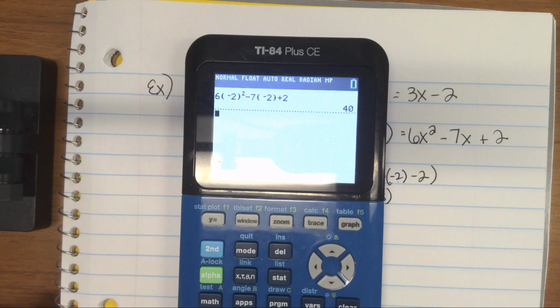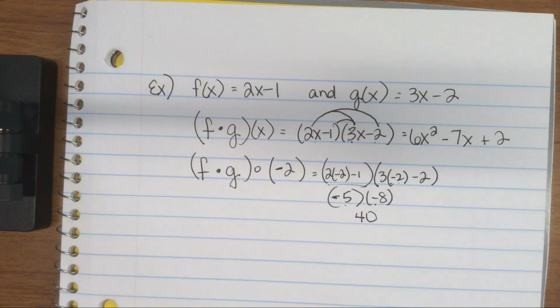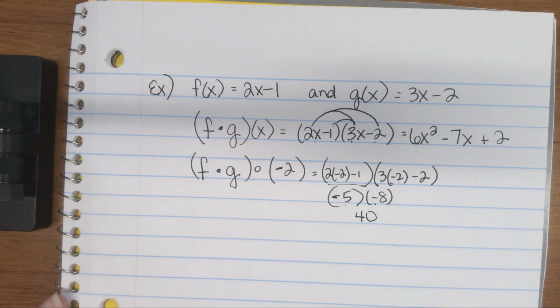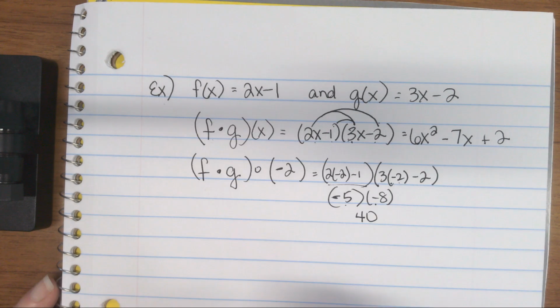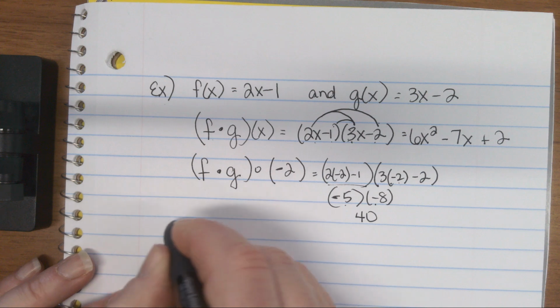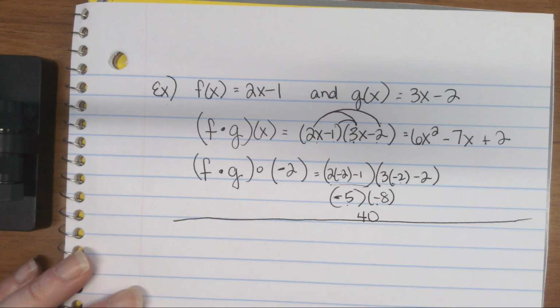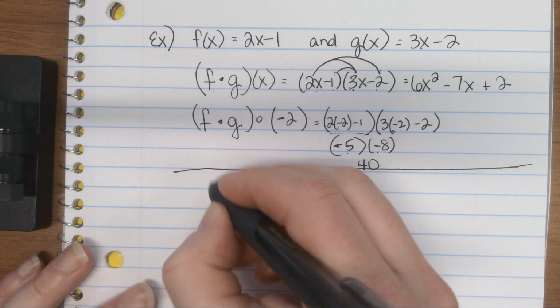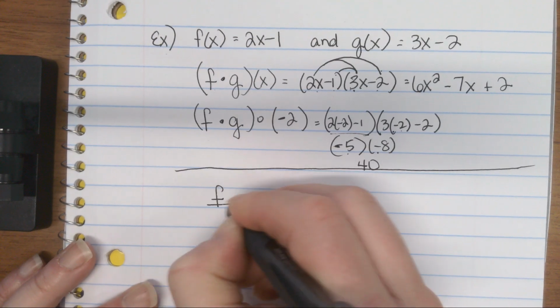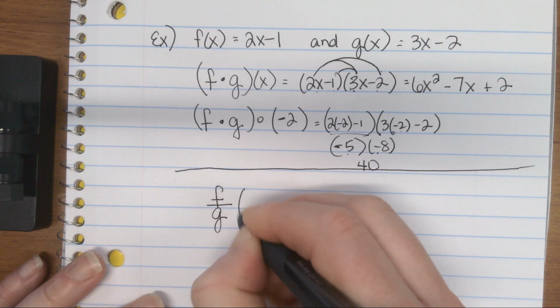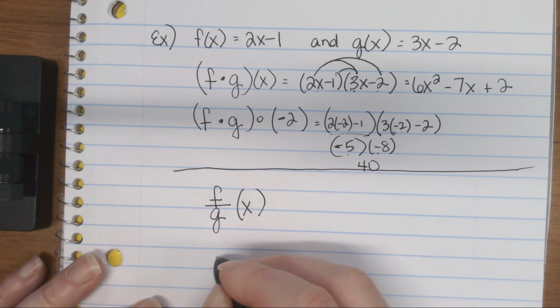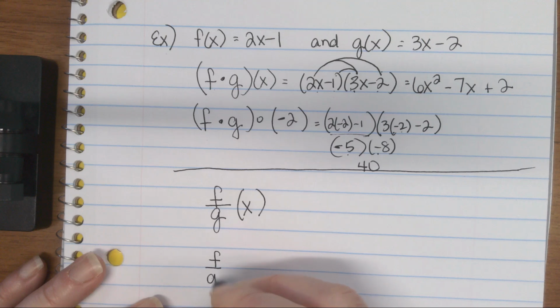So those are your two options when plugging in a point. All right, suppose I ask then, same functions, for you to write a function f divided by g of x, and then let's do f divided by g of 1.